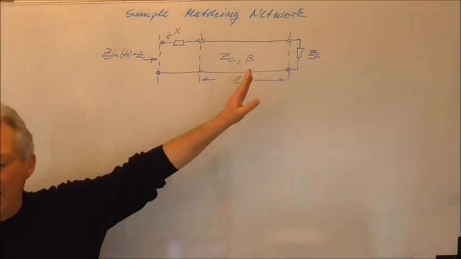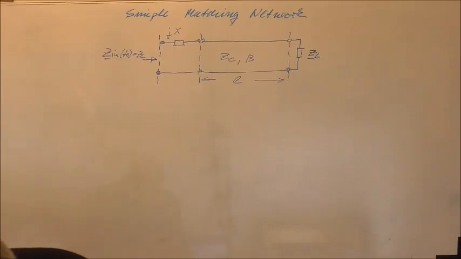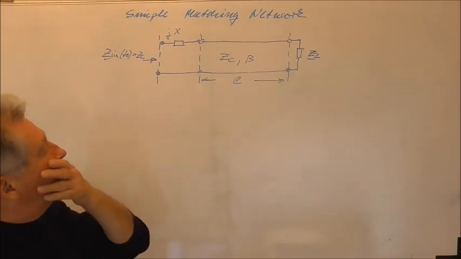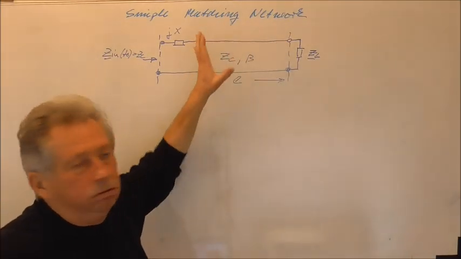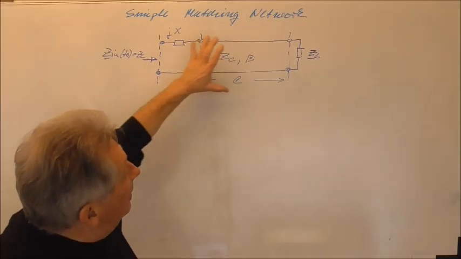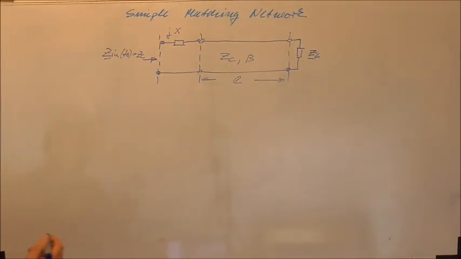Then we would have a matching. If we consider this, we have to become familiar with how we can walk, I call it walk, in the Smith chart using these elements.